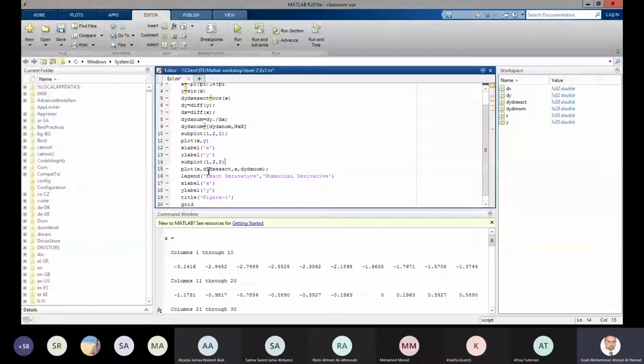So now this should be not y, this should be dy over dx. This is correct. I will remove this. I will add a grid here as well.